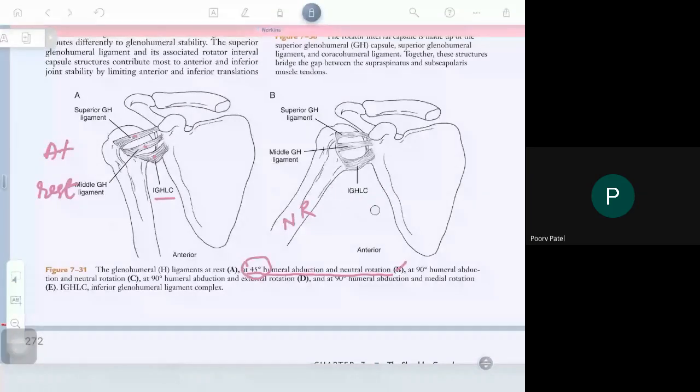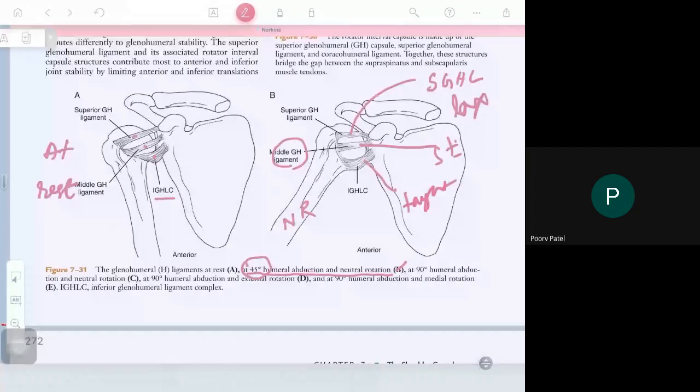You see the superior glenohumeral ligament is lax. In the middle glenohumeral ligament, it is slightly taut. The inferior is taut. Clear? This is the second position.